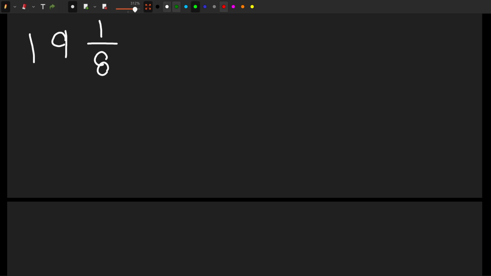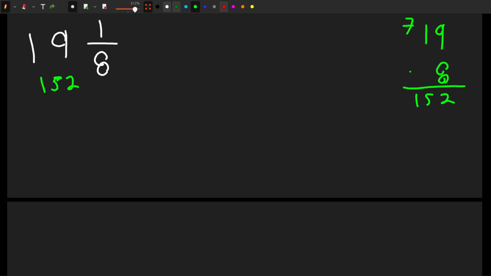So what we can do here is we can work it out on the side. 19 times 8. 8 times 9 is 72. Carry the 7. 8 times 1 is 8. Plus 7 more is 152. And so then we have 152 from our multiplication.